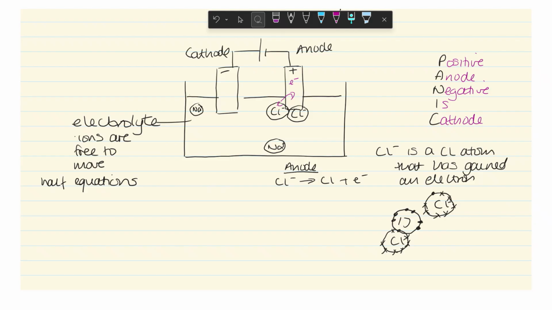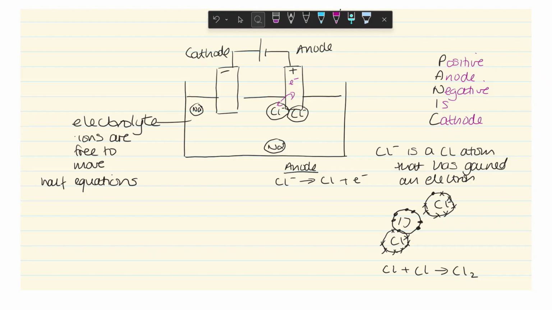I could do with sharing an electron. You could do with sharing one back. And so 2 chlorine atoms will make a chlorine molecule. So Cl plus Cl will make Cl2.